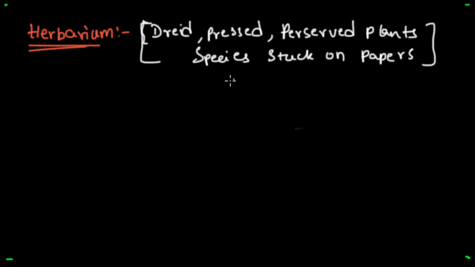This is how they preserve plants and use the herbarium as a taxonomic aid. The paper on which these plant species are stuck is called a herbarium sheet.